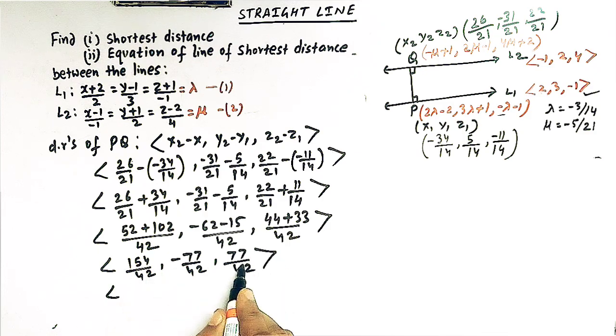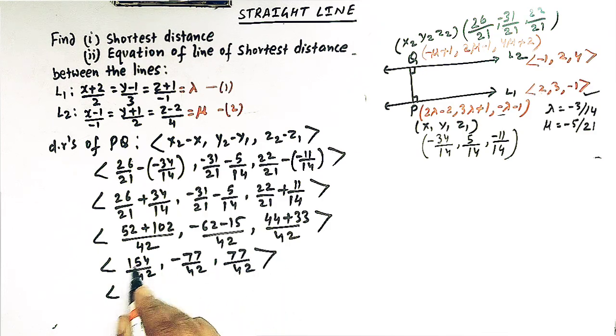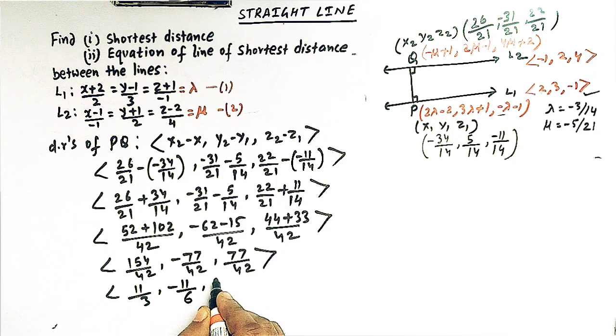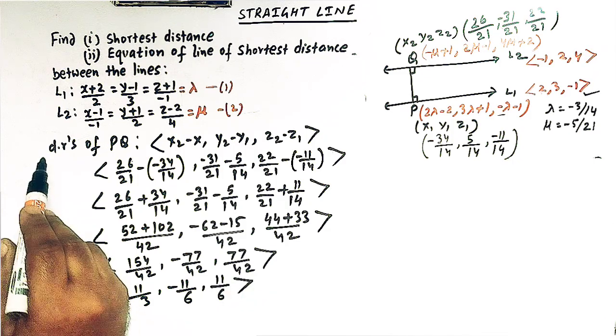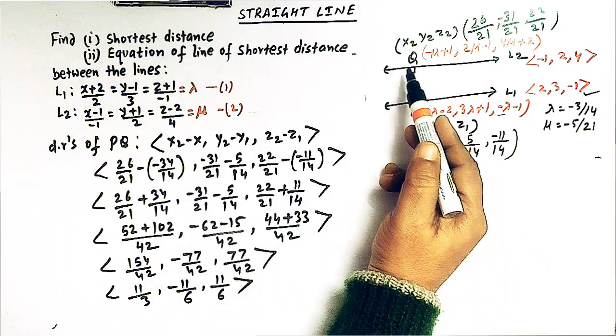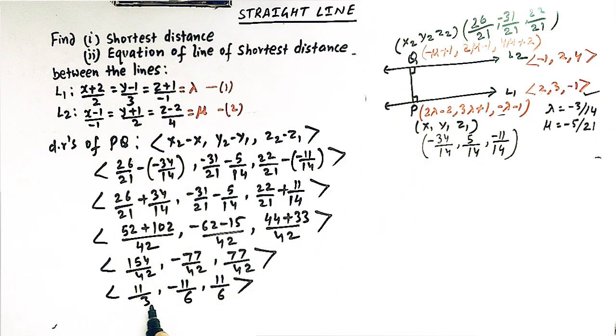So here cancelling the common factors, we have 11 over 3, and then minus 11 over 6, and then 11 over 6, right? So the direction ratios of the line of shortest distance are given by 11 over 3, minus 11 over 6, and 11 over 6, right?